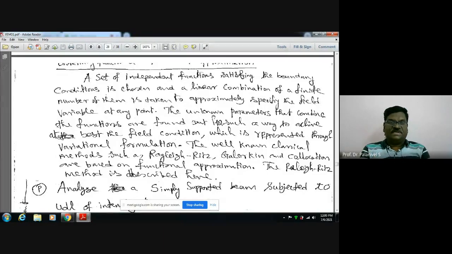The unknown parameters that combine the functions are found out in such a way as to achieve the best field condition, which is represented through variational formulation.